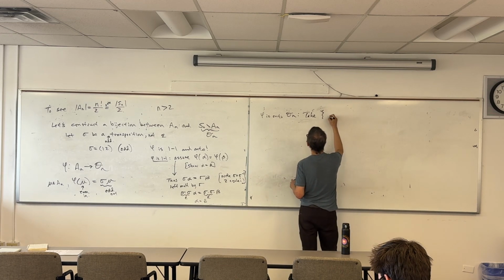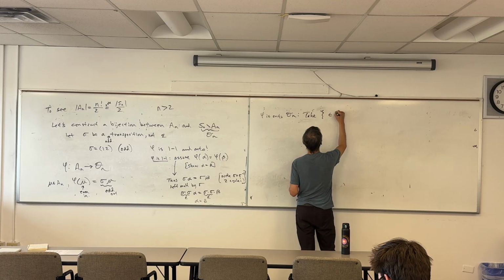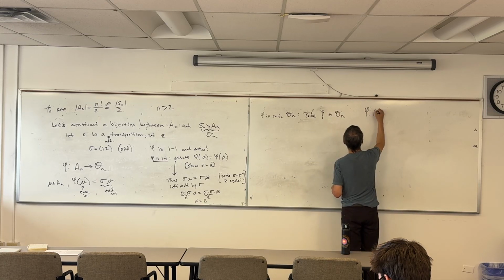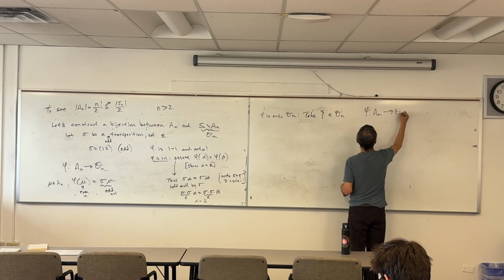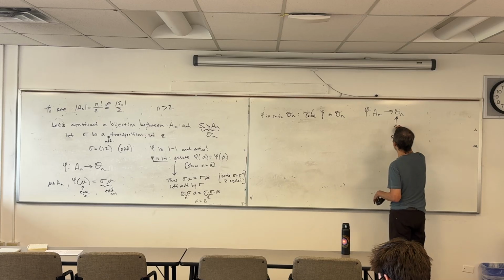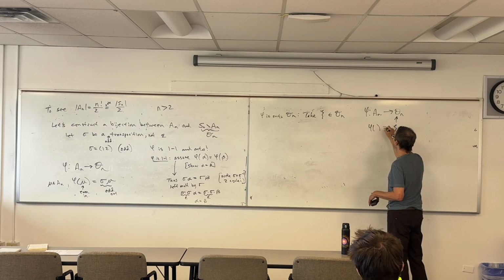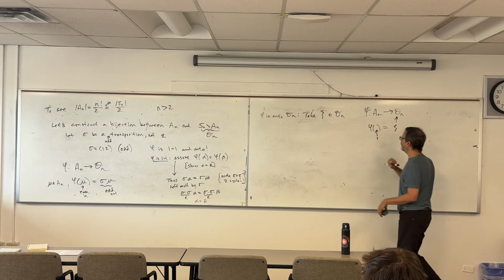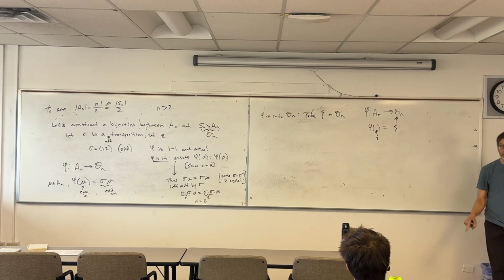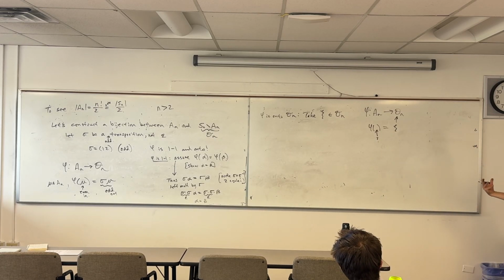Take xi in O sub n. So now remember, our phi goes from A sub n to O sub n. We're going to take our xi over here, and we're going to find something that hits it. We need to construct the thing that hits it and show that it is even.